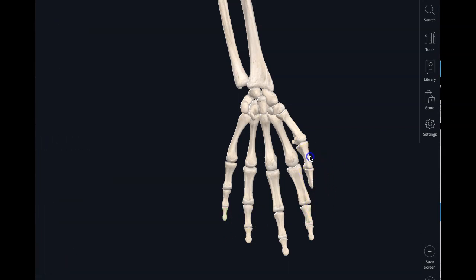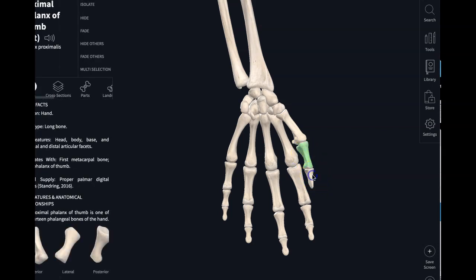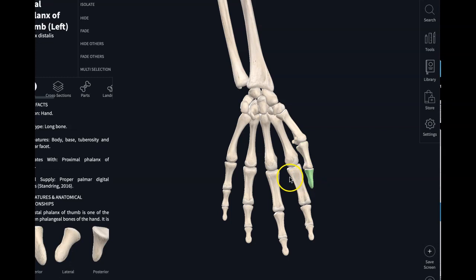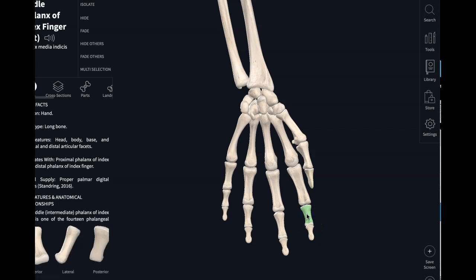So always remember the thumb phalanges, there's only a proximal and distal phalange. Everything else has a middle phalange. Do not call that middle phalange number 1. I'm not sure why some students do that, but they always do.